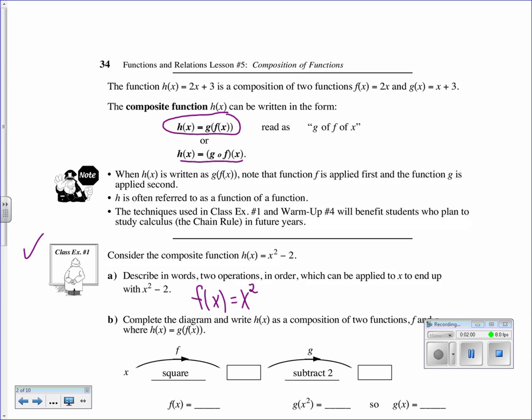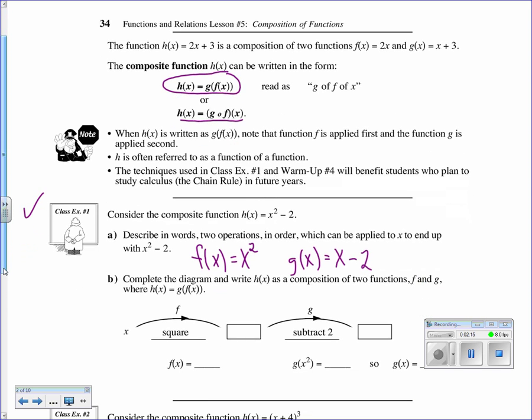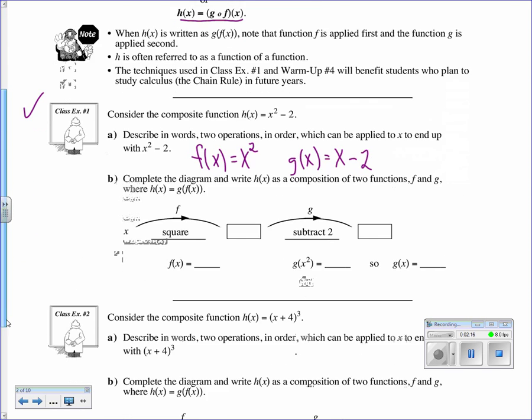And then the next subsequent function, g at x, would be to take whatever the result was from the first function and subtract 2. That's what it looks like in words and discussion.